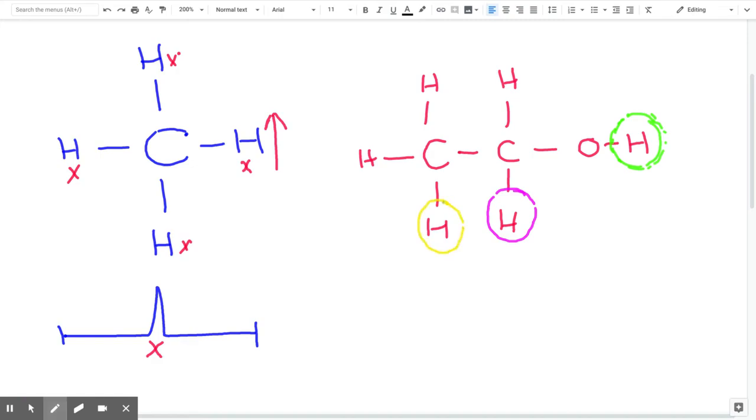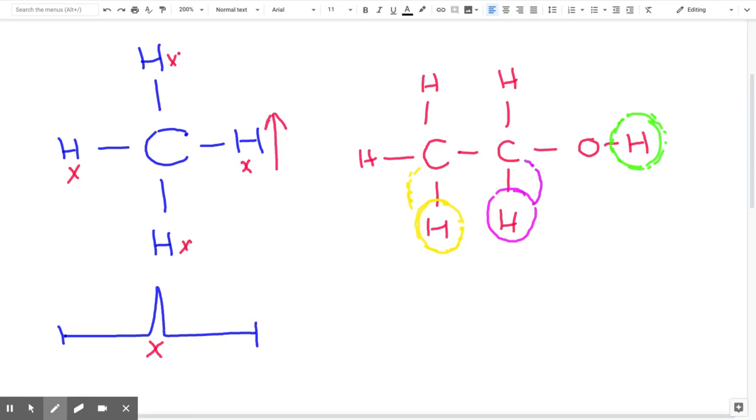Now, they're both attached to carbons, but on a very simplistic level, this hydrogen here is attached to this carbon, and that carbon has 3 protons on it. The hydrogen here is attached to this carbon, and this carbon only has 2 hydrogens on it.